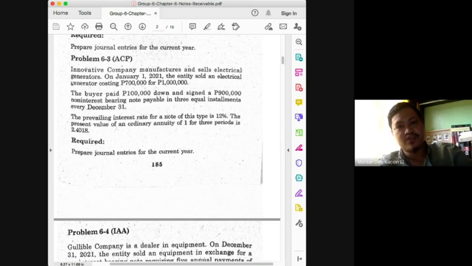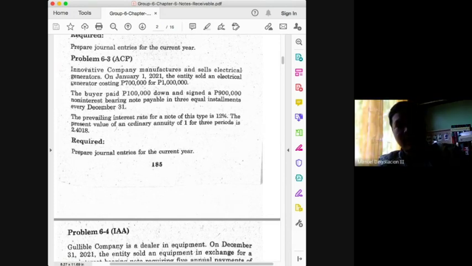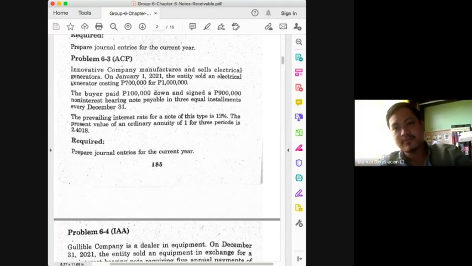Okay, alternative solution. Just get the present value of the 900,000. How much was the present value of the 900,000? It is 720,540, because out of the 900,000, 720,540 represents payment for the generator, while the remainder represents payment of the interest.